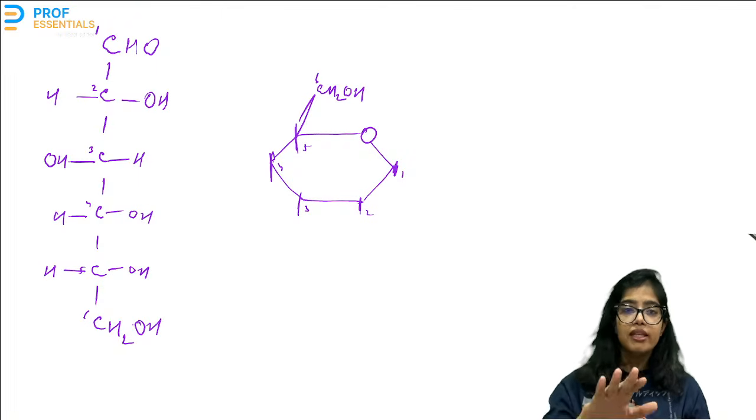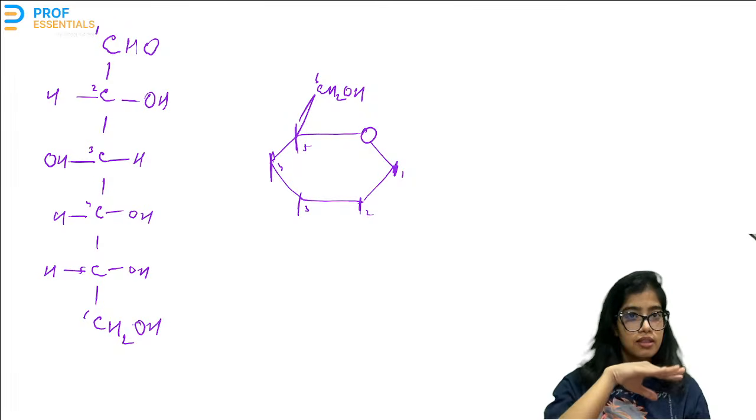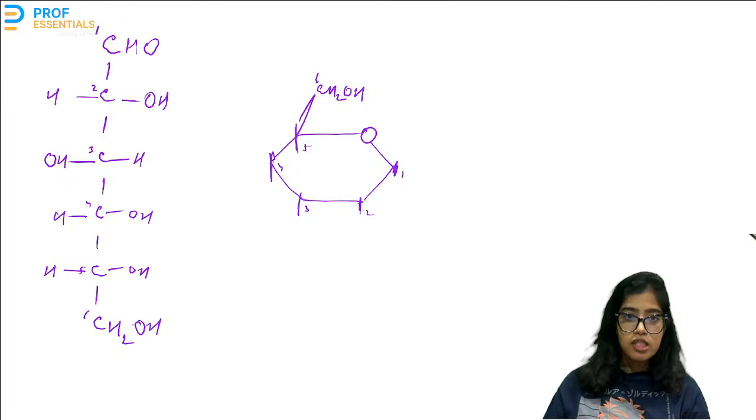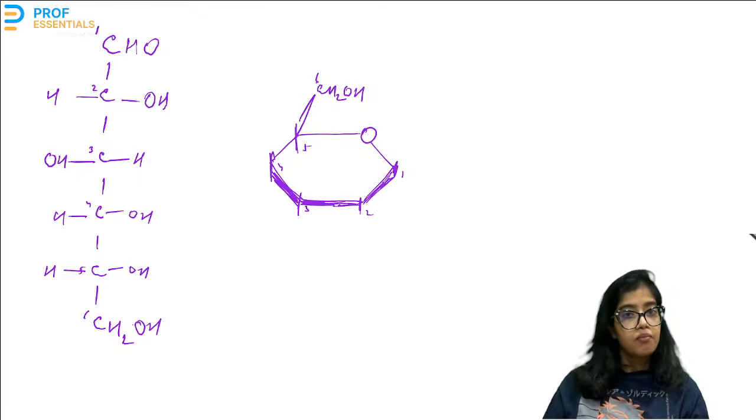Now you're looking at this ring from above and from the side. So these bonds will be darkened here. These bonds are darkened. Understood? And you don't mention the H atom in the Haworth projection, because it will lead to a lot of crowding.